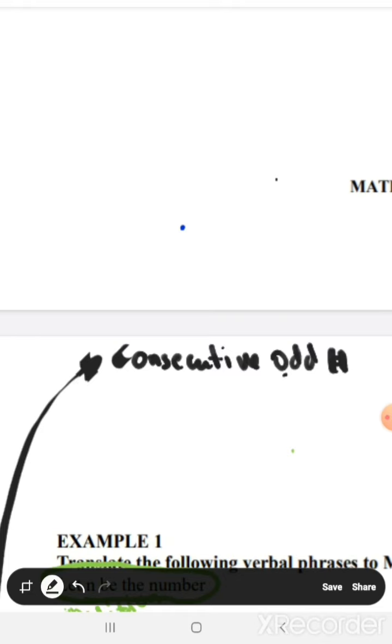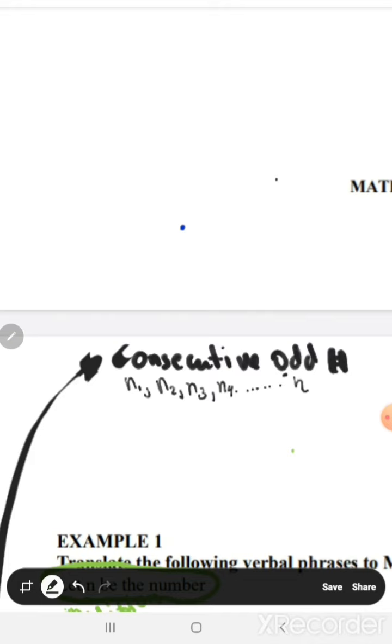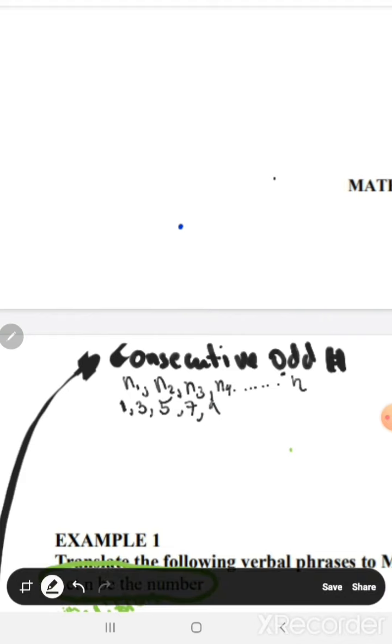So we have your n1, n2, n3, n4, and so on and so forth to your n. The different odd numbers can be expressed as 1, 3, 5, 7, 9. Ito yung nakakalito na part, okay?